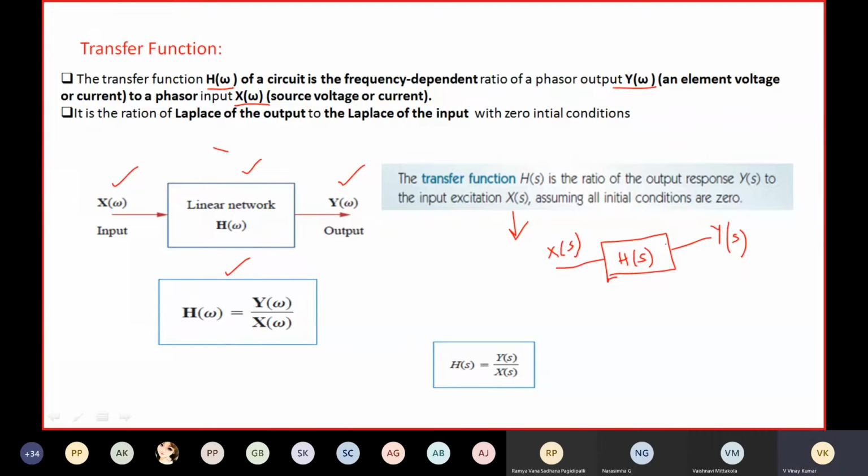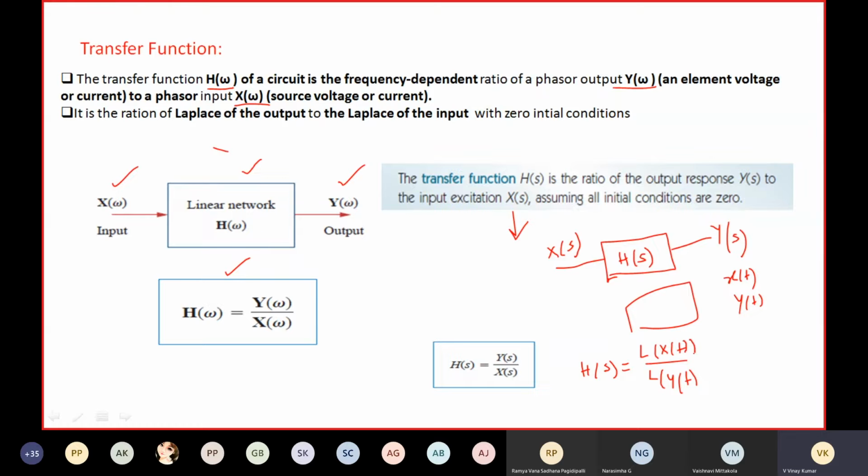Suppose x of t is the input and y of t is the output. Then the transfer function h of s is the ratio of the Laplace transform of output to the Laplace transform of input, that is Laplace of y of t by Laplace of x of t.